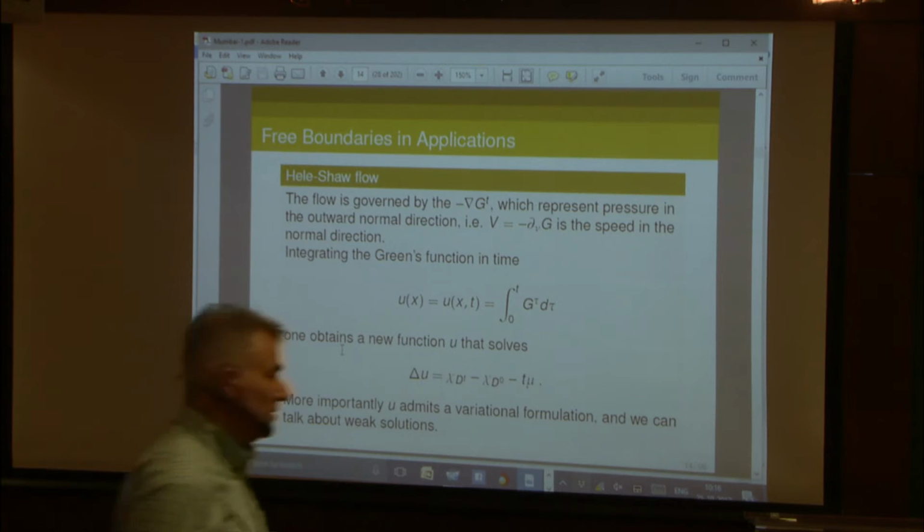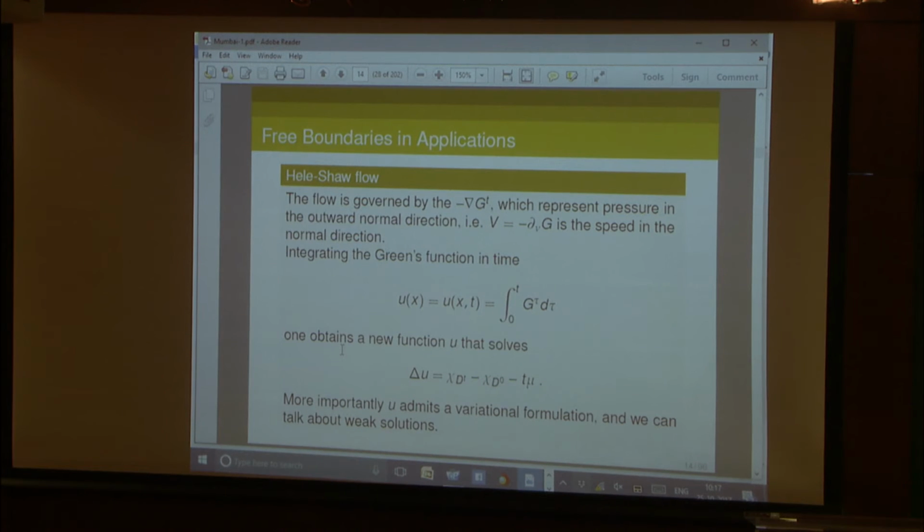So if you start here, your region is something like this. This is D0. If you start solving your problem, initially this is smooth, you can solve it, let's say. And you see that the solution would be something like this. This is Dt. When time goes on, these two will meet. At some point they have to meet.